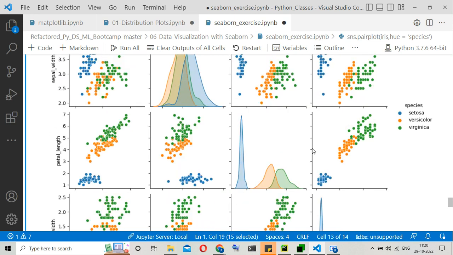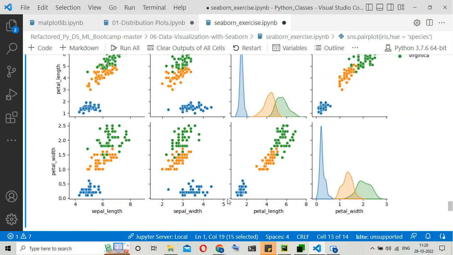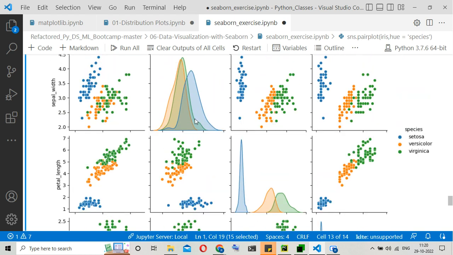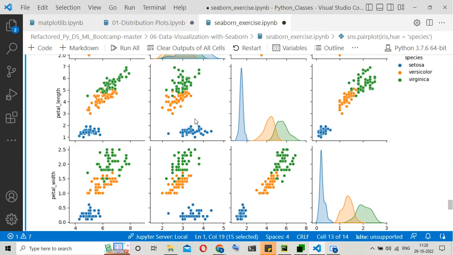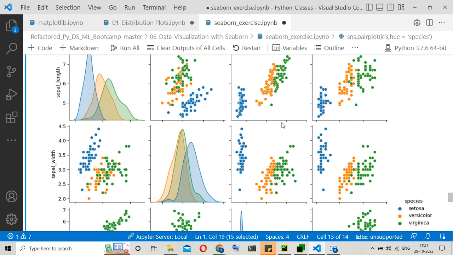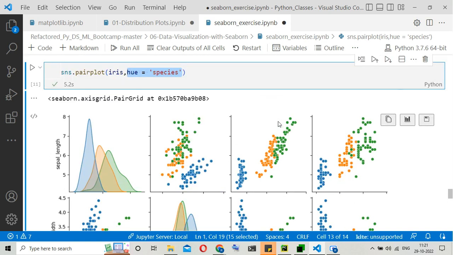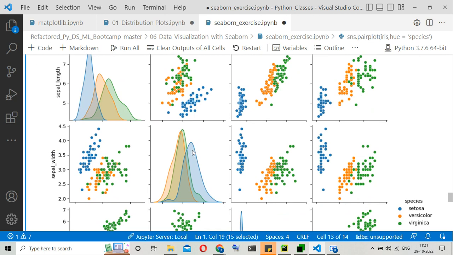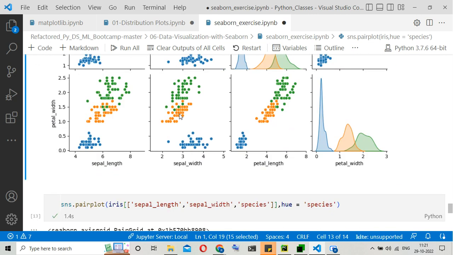In this one, petal length versus petal width has some correlation, and similarly sepal length and sepal width may or may not. Obviously width versus width should not have any correlation. You can see this is not correlated at all. That is sepal length versus sepal width.